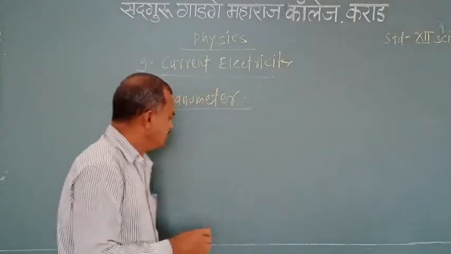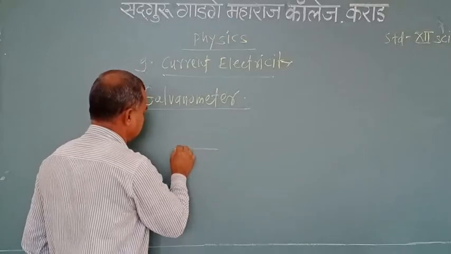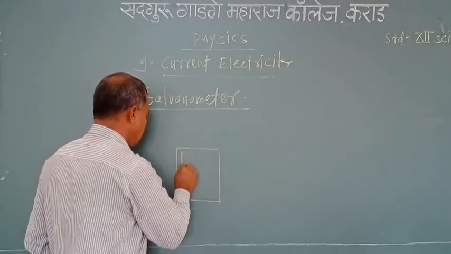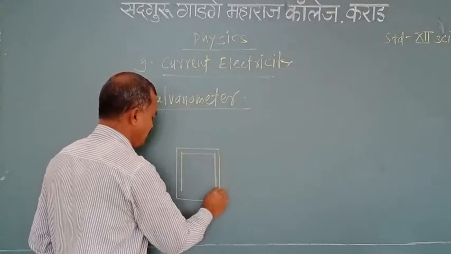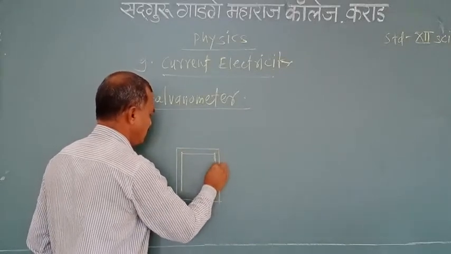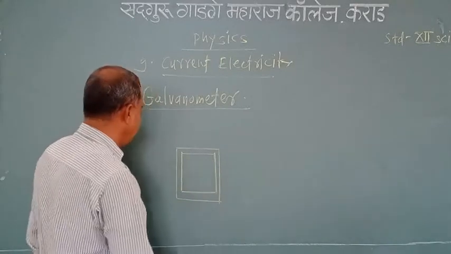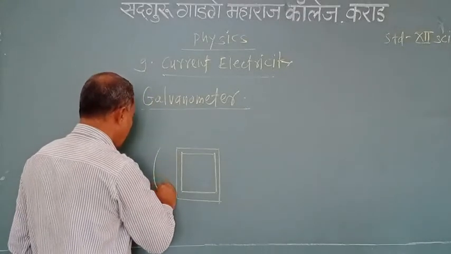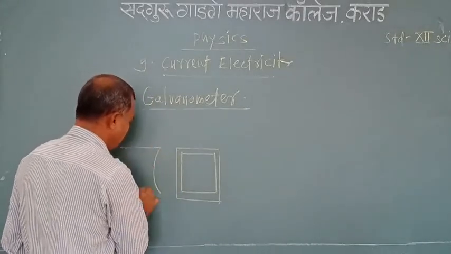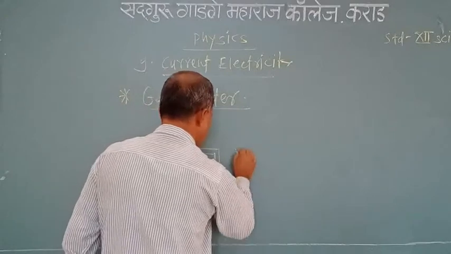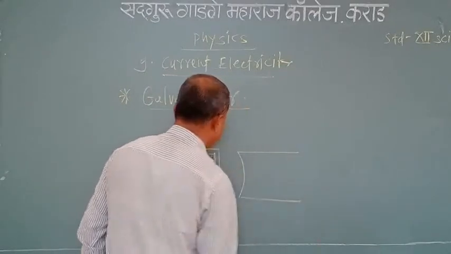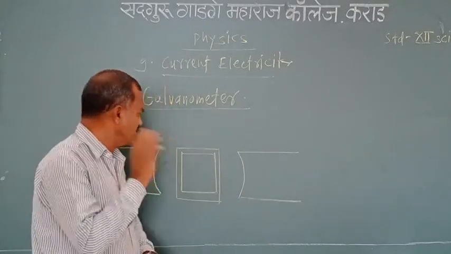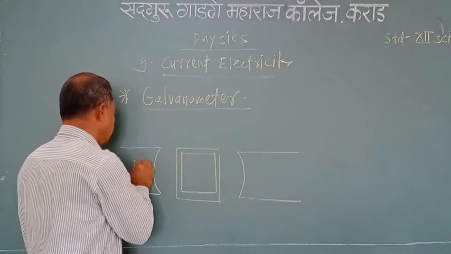That galvanometer consists of a coil like this. This coil is freely suspended or pivoted between two concave shaped pole pieces of horseshoe type permanent magnet like this.